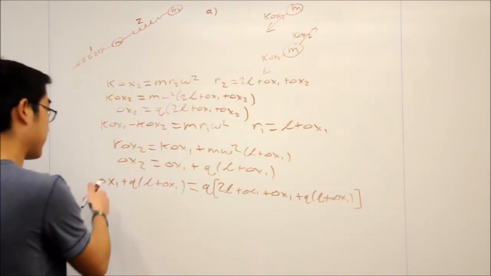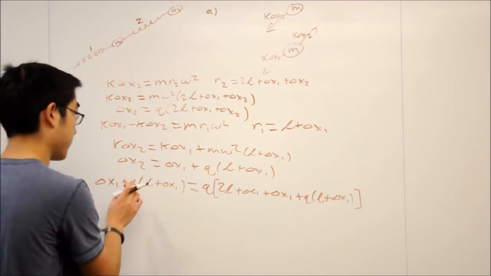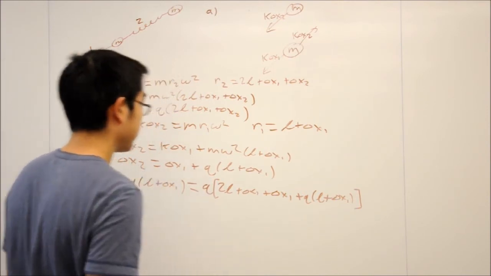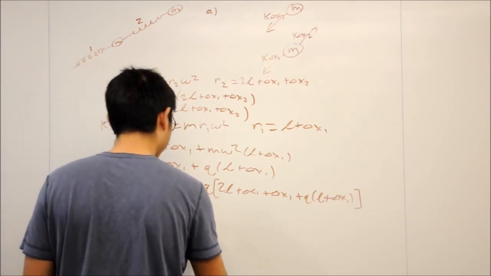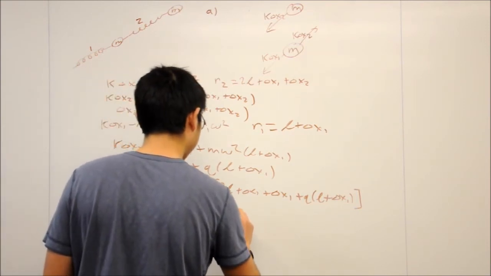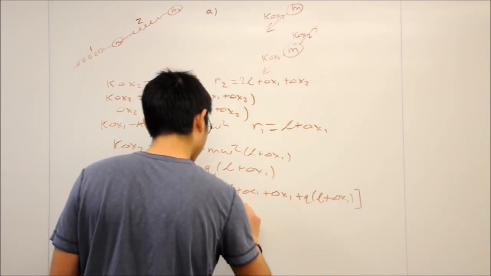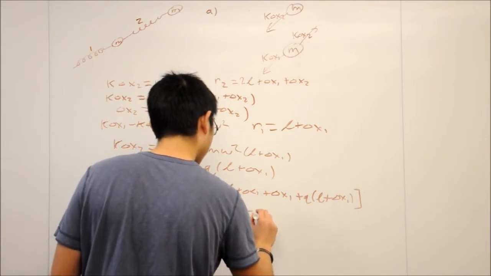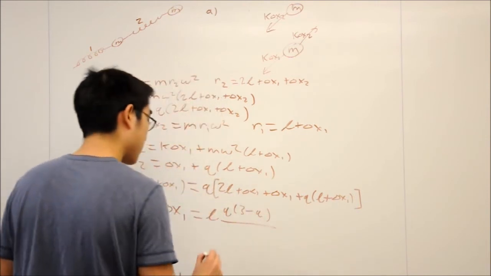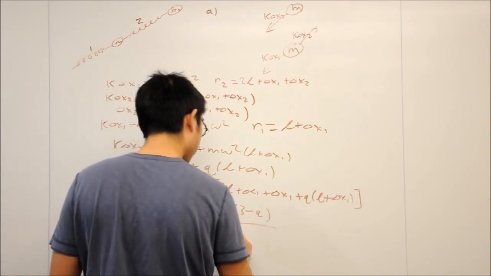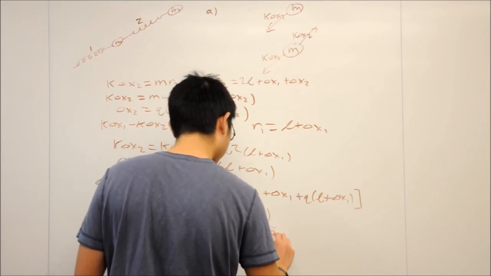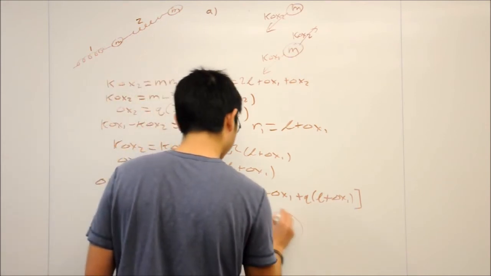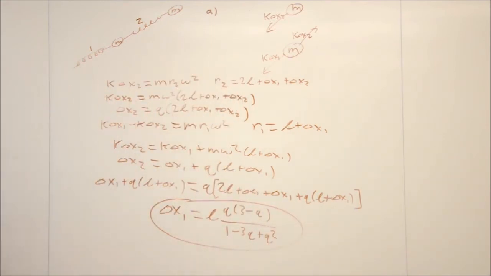And now we just have delta x1 in terms of q and L. So simplifying all of that, we get that delta x1 is equal to L times q times 3 minus q all over 1 minus 3q plus q squared. That's part of it.